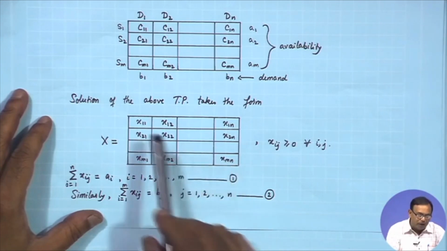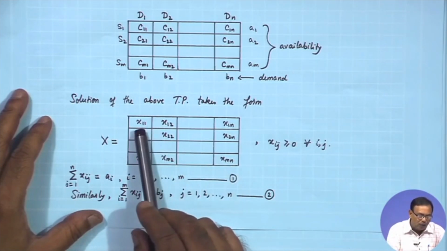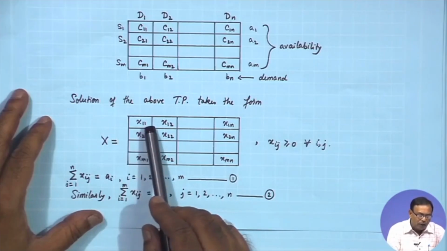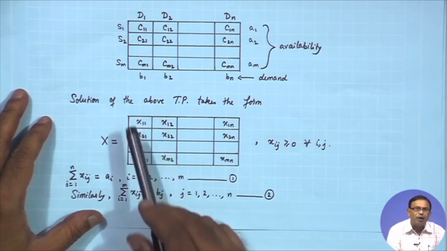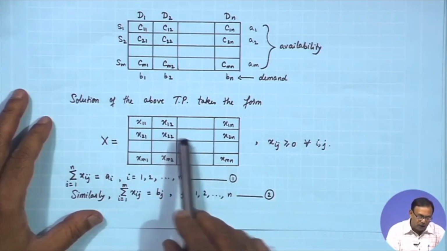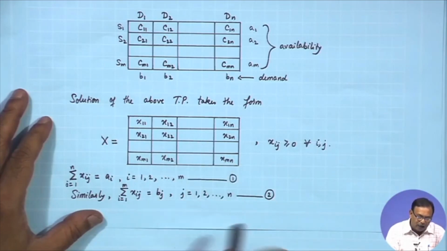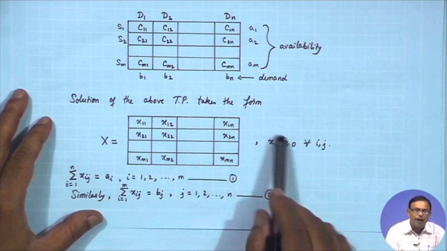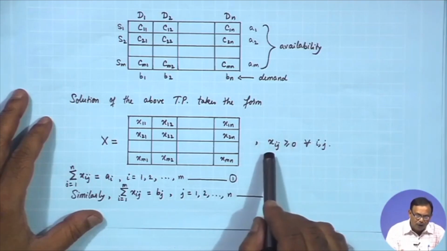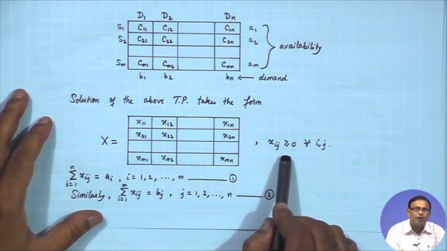That means x11 means from source 1 to destination 1 I am sending x11 quantity. Similarly, xij means I am sending xij quantity from source i to destination j.